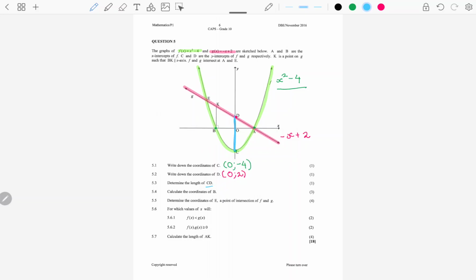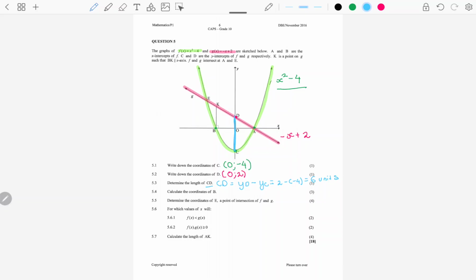Whenever we calculate the length, we always have to minus. So CD will equal y D minus y C. So that's 2 minus negative 4, which gives us 6 units.